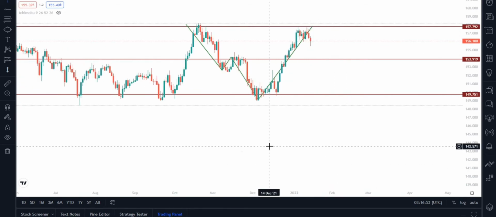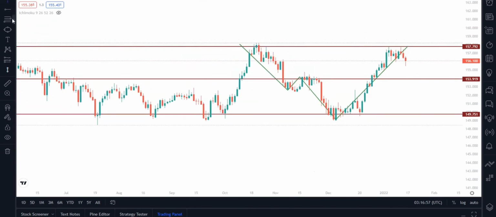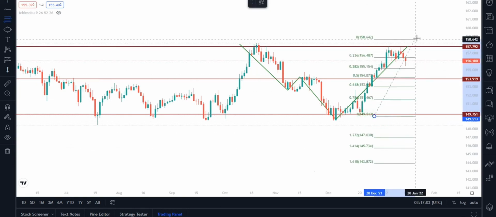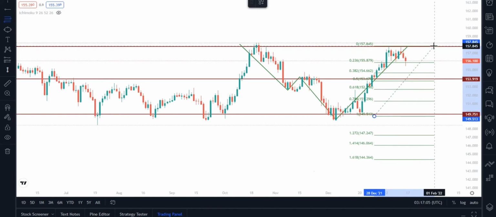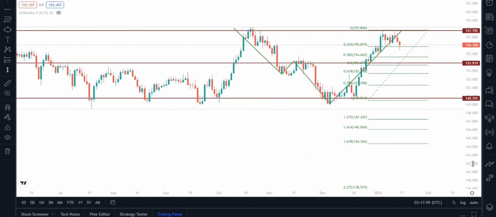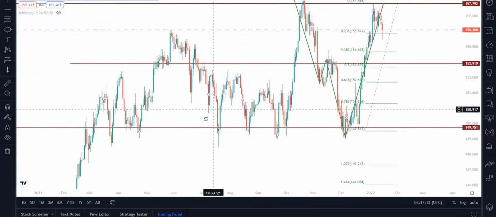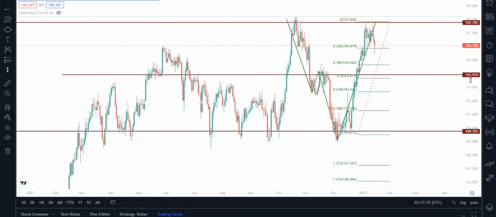This is what I'm trying to explain to you. This is our Fibonacci, and in the Fibonacci there are 5 levels.